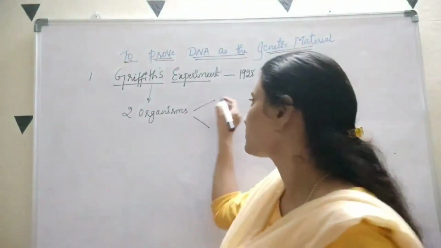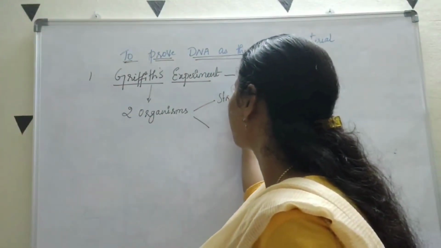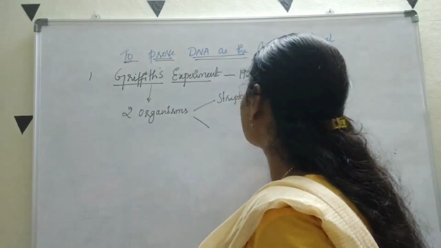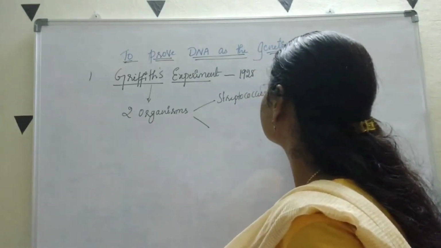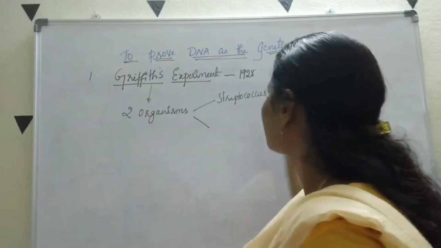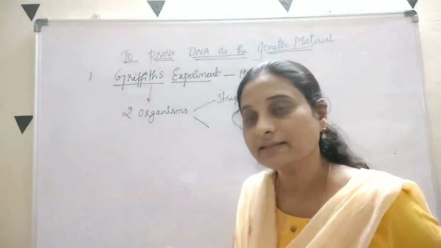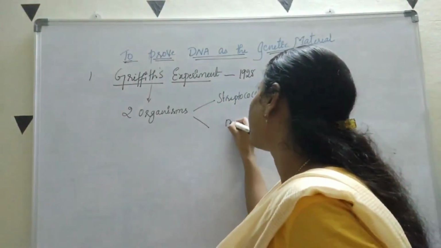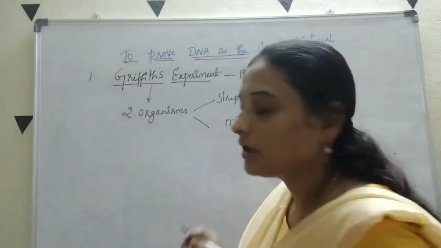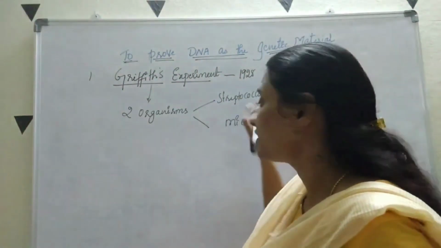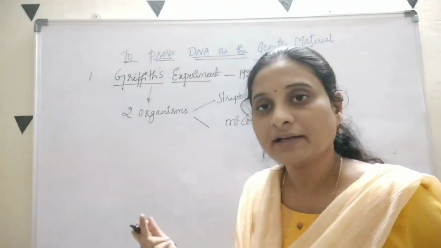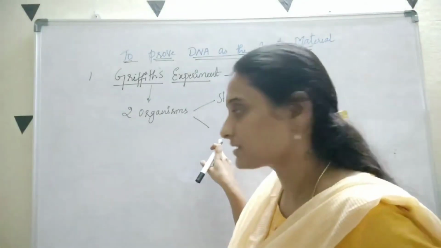He used Streptococcus pneumoniae, and the second organism he used is mice. This Streptococcus pneumoniae is a bacteria which can cause a particular type of pneumonia in mice.